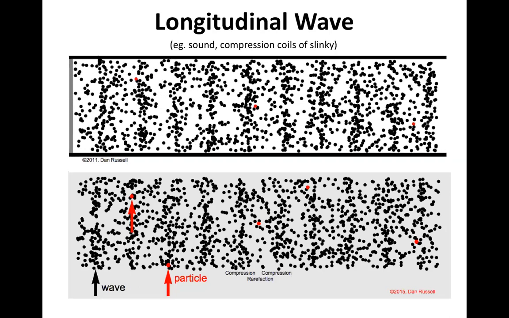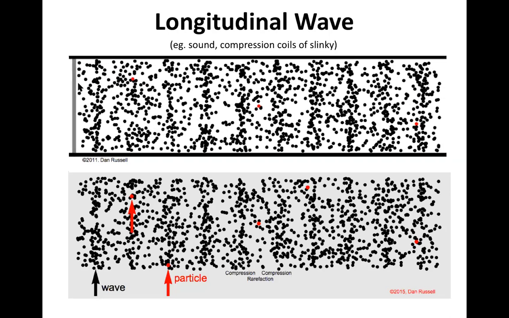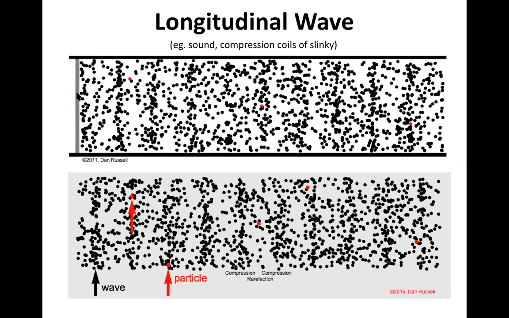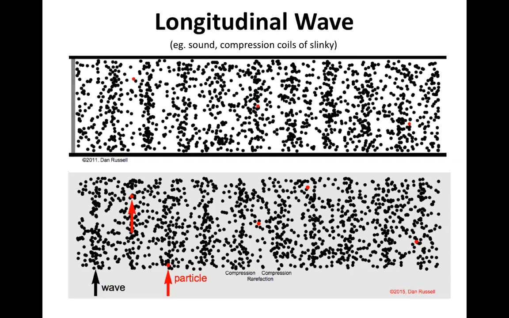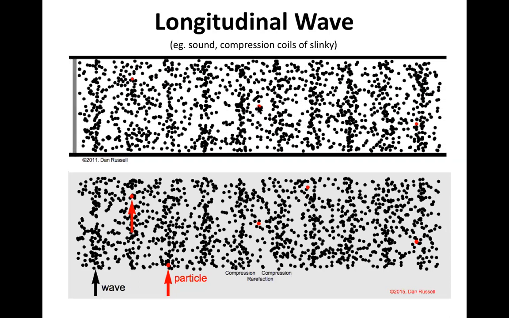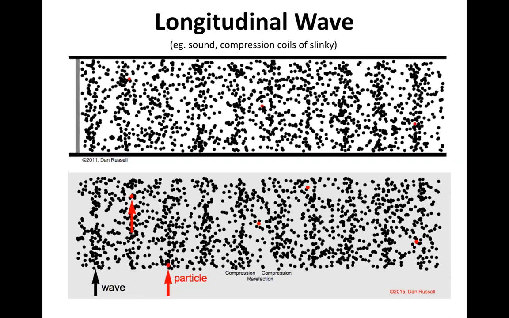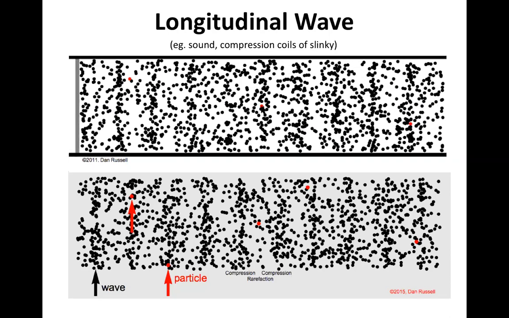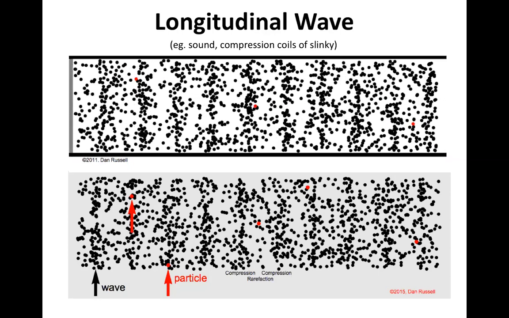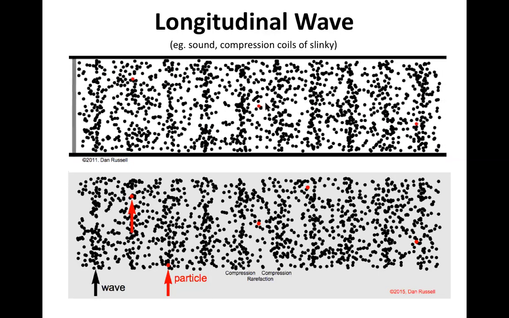So when a speaker is producing sound, it is compressing the air molecules close to it, and the compression gets transferred to the right, even though if we actually take a look at air molecules, they're just oscillating from the right and then back to equilibrium and then to the left and then back to equilibrium.